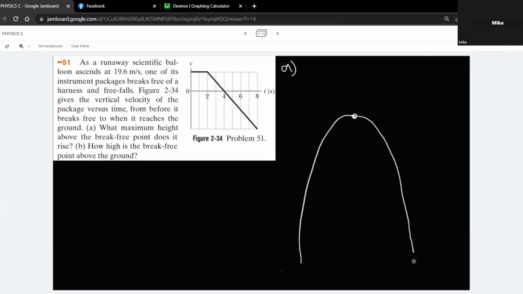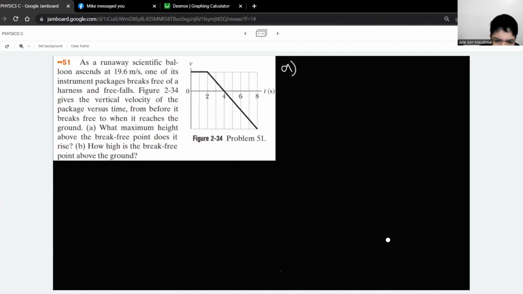Tingnan mo muna yan, 0 to 4. So the integral from 0 to 4 of v dt, what does that represent? Yung integral po. This one.